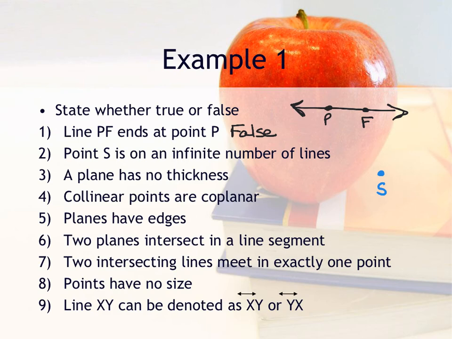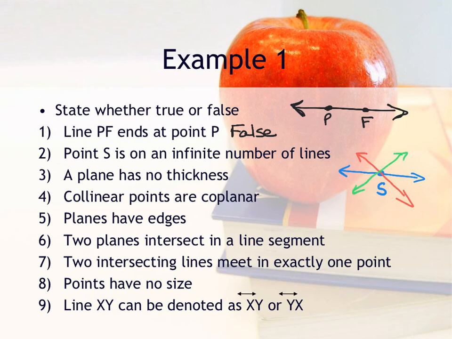Can you see my iPad screen still? Yeah, I got it now. Okay, perfect. All right, so point S, if I draw it here, we know we could draw this line through it, right? Then I could also draw a line this way, and I can draw another one this way.